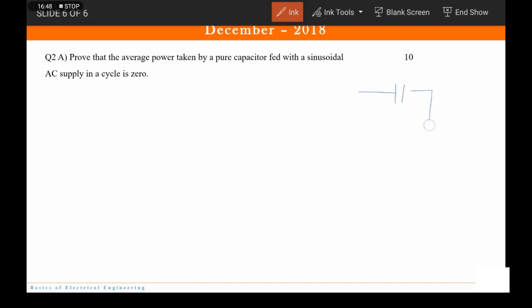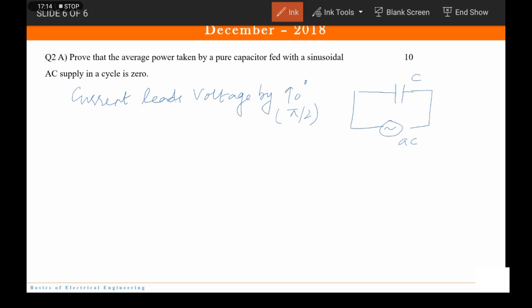So what it says is, you have a capacitor and it has been supplied with a sinusoidal AC signal. Now what do we know about capacitor? We know that current leads voltage by 90 degree, correct? Or which can be written as pi by 2.